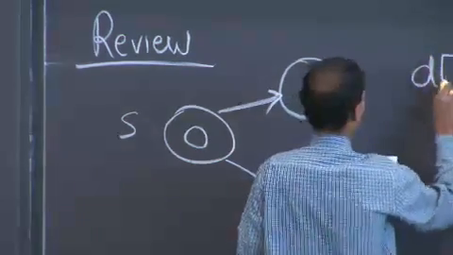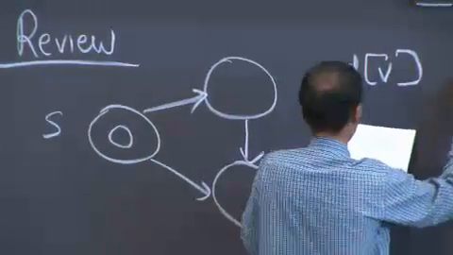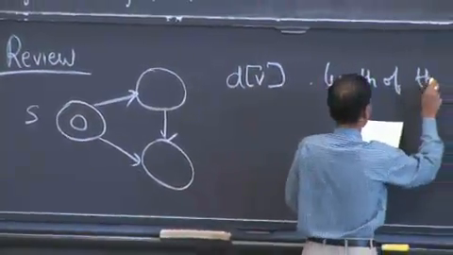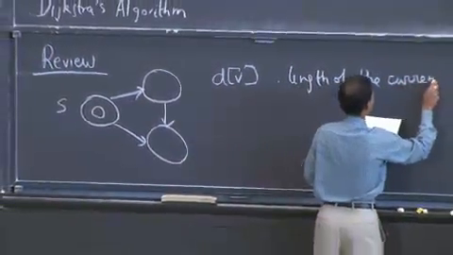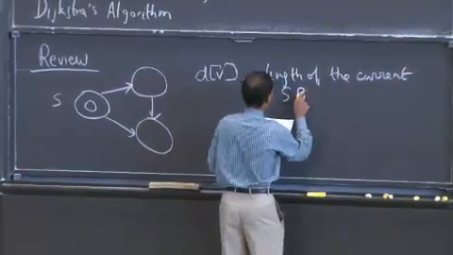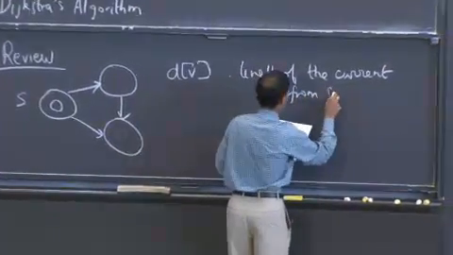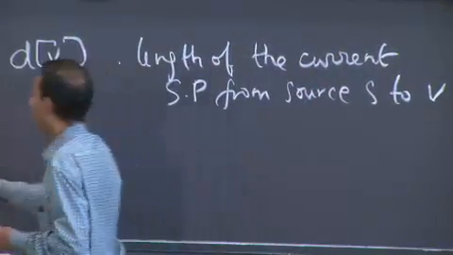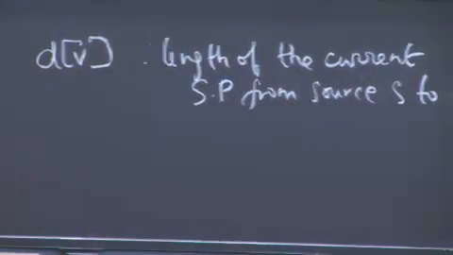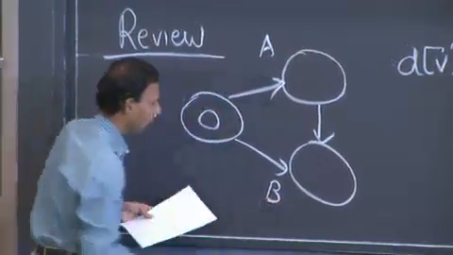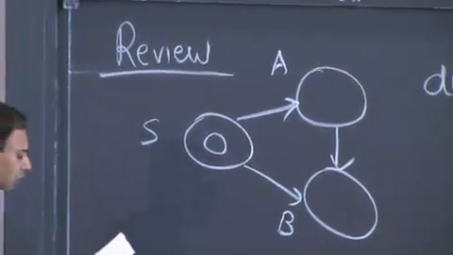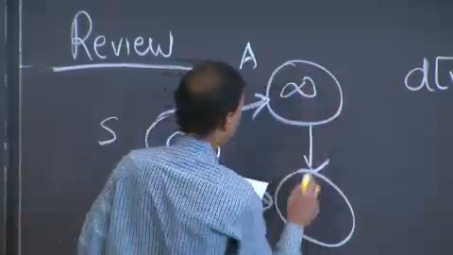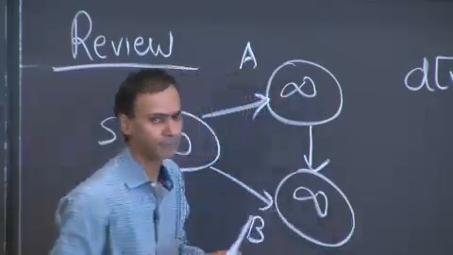So we think of d of v as the length of the current shortest path from the source S to v. Given the source S, the length to the source is 0, so d of S is 0. It starts at 0 and ends at 0. And the other ones are initialized to infinity.